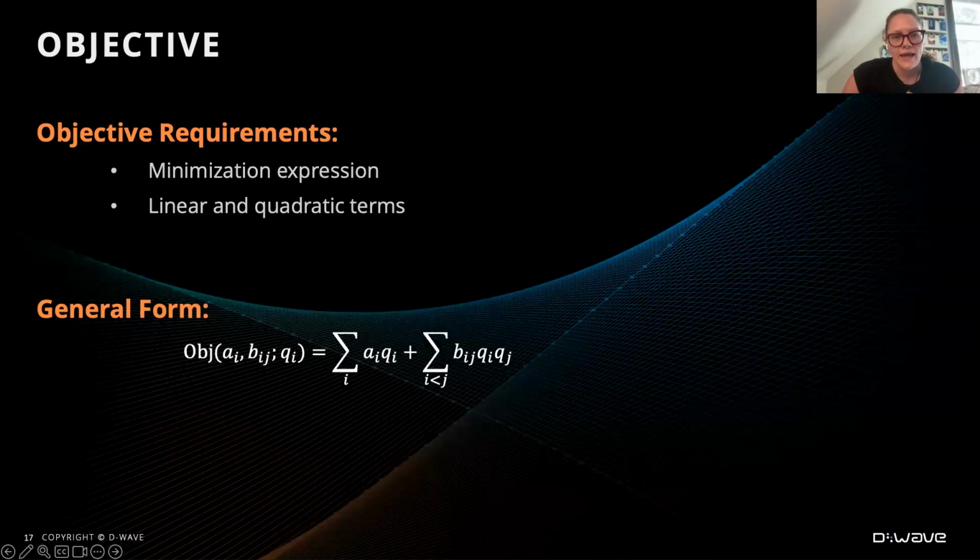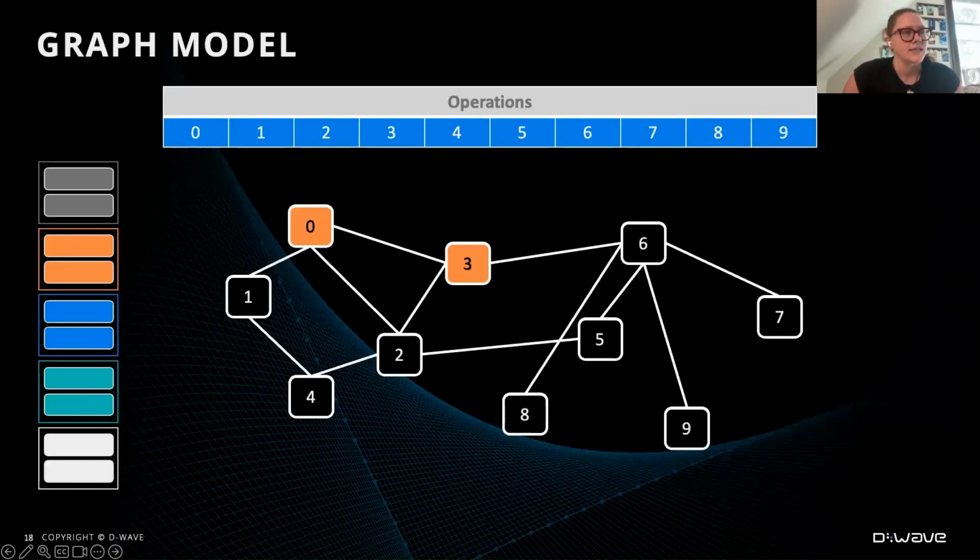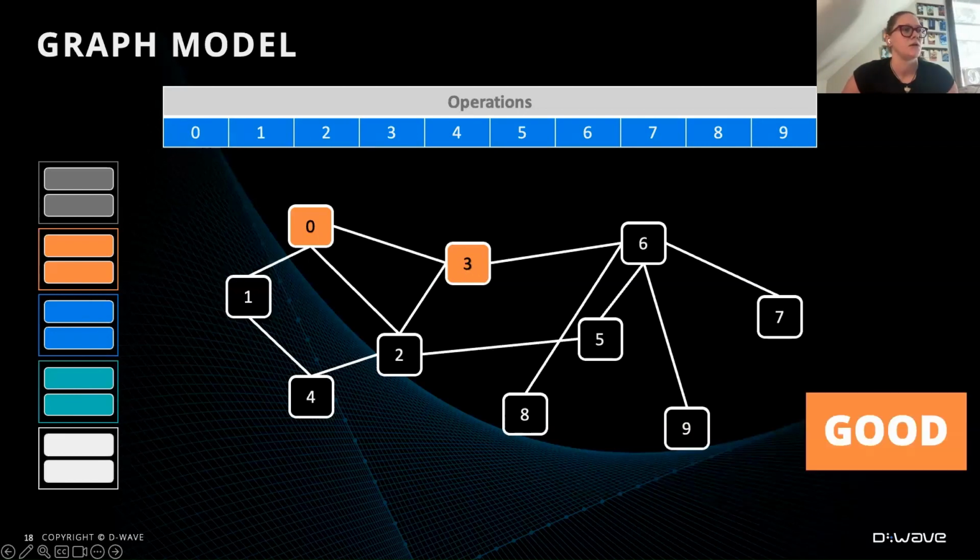And we can figure out what that looks like by just looking at our situation again. In this situation, task 0 and task 3 have a dependency between them, and they're assigned to the same computer, which means that I don't need to send information between two computers for these two assignments. So that's good.